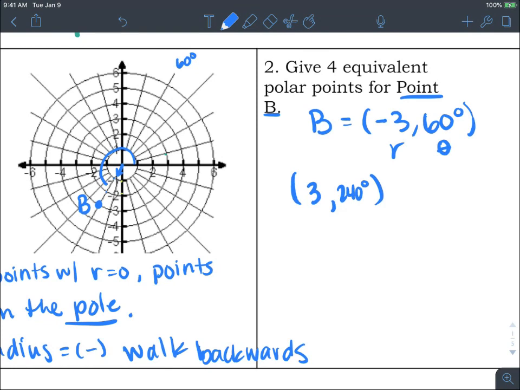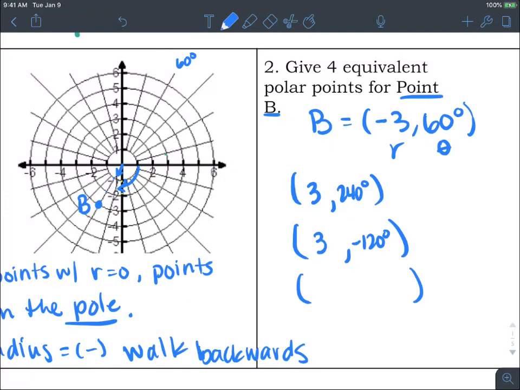Another way: I still want to be facing towards B, but I'm going to count my angle going this way. That would be -120 degrees. Am I facing the direction I'm walking? Yes, so my radius is +3.